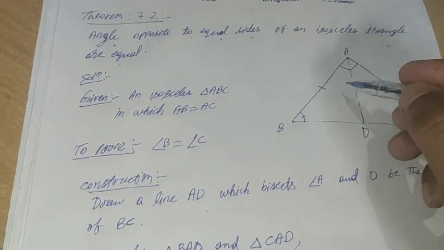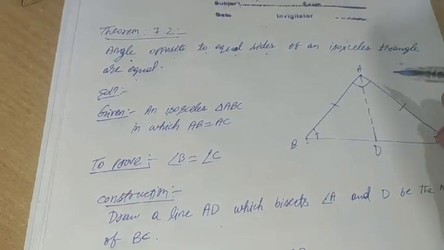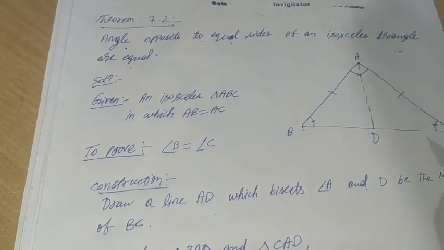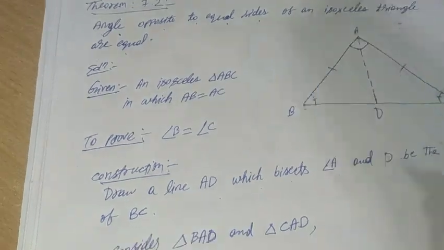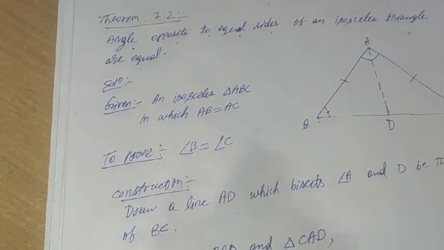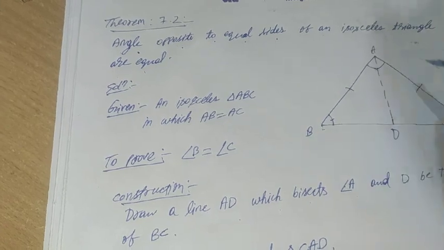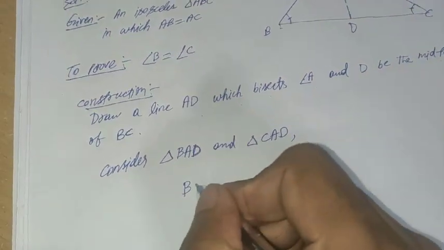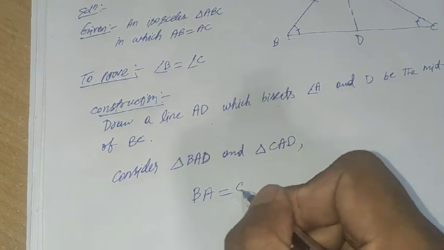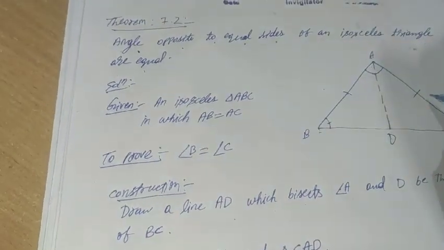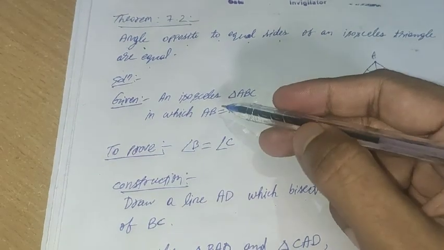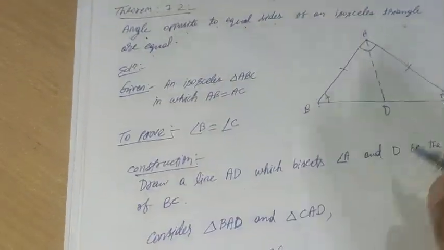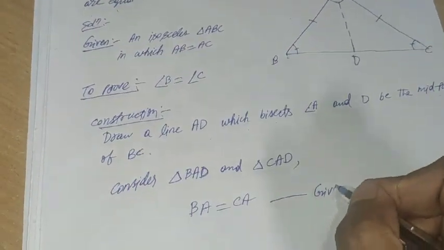Firstly, AB is equal to AC. We will write BA is equal to CA. This side is equal to this side as it is given, by the definition of an isosceles triangle.